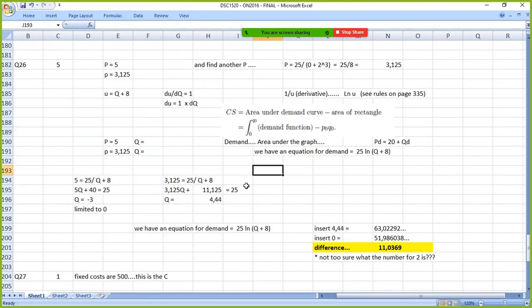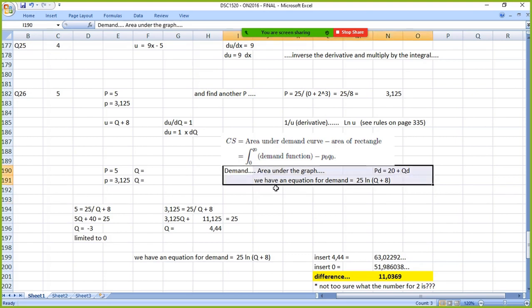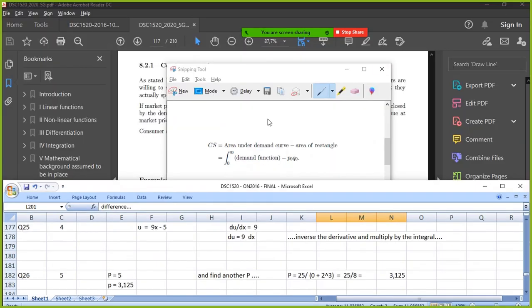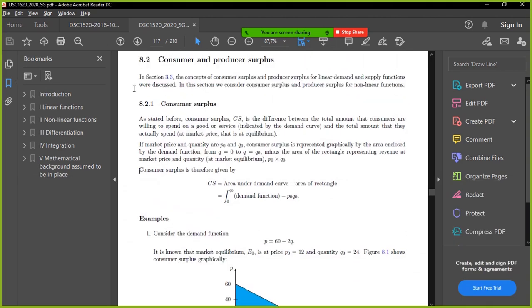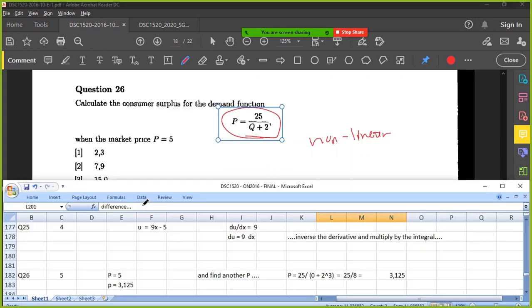Okay, so I worked out the area under the graph for that function. I got Q as 4.4. I see here you had to insert and then I got those values and then the difference was 11.3. This was close, I think. Let me just check. What was the answer here? Oh, it wasn't close. It was actually off.